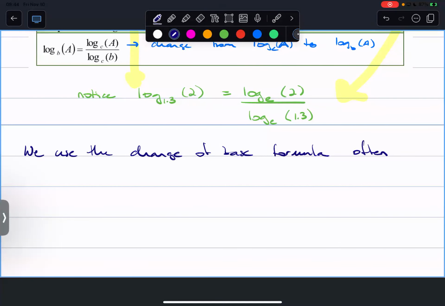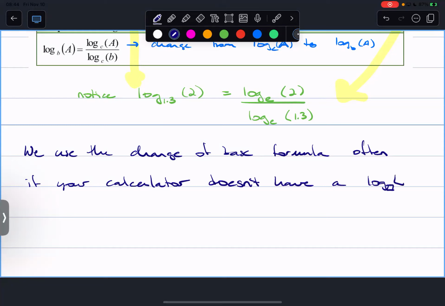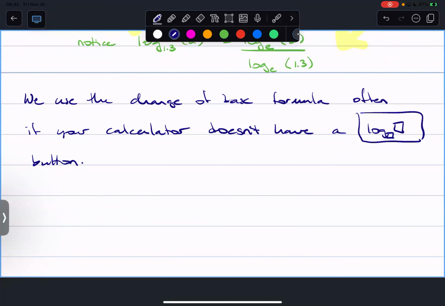We use it often, a lot, if your calculator doesn't have a log base something of something button, right?